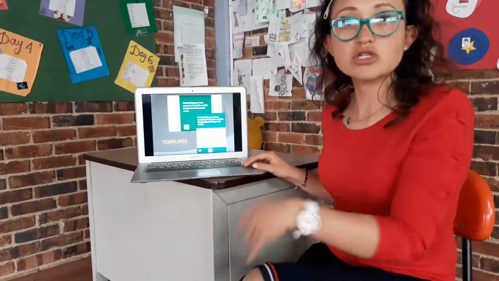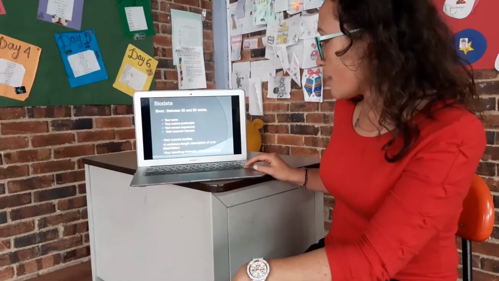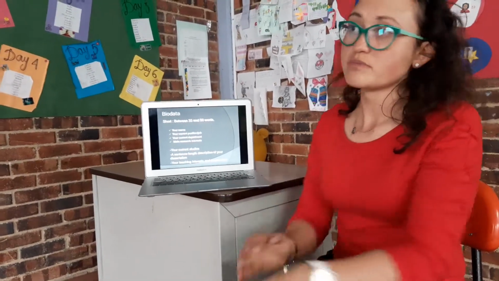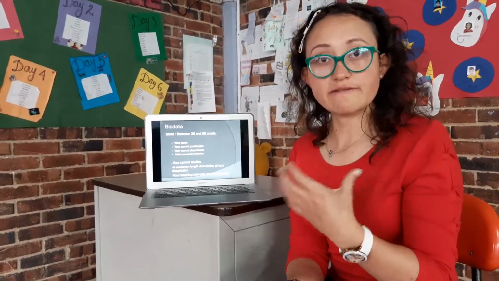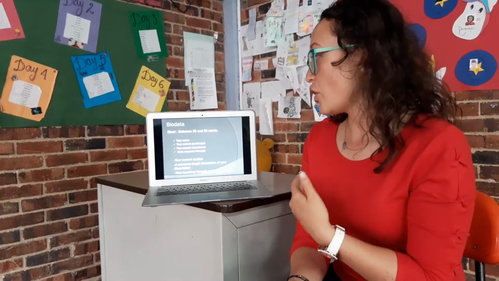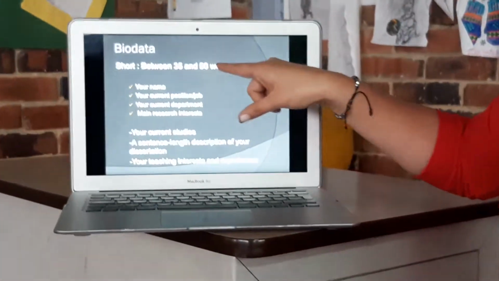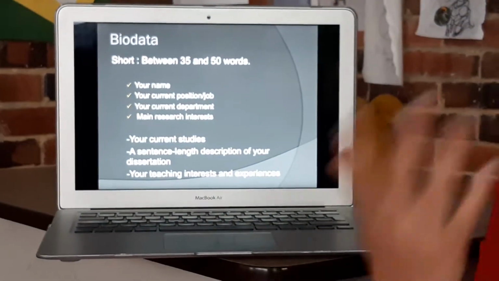Now I'm going to tell you what the importance of doing the biodata is. The biodata is the personal information, academic personal information about the researchers. So it has to be between 35 and 50 words. What does it have to have?